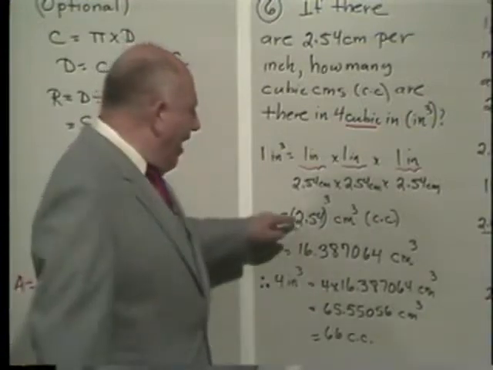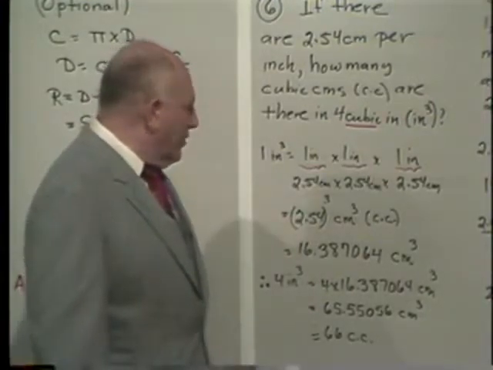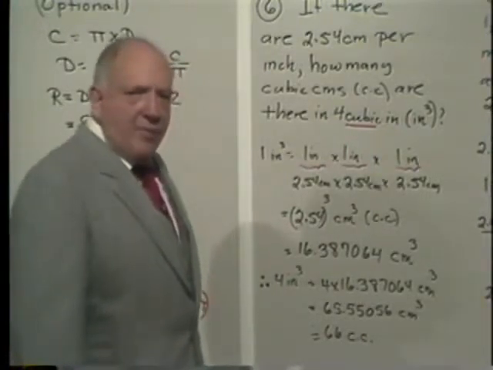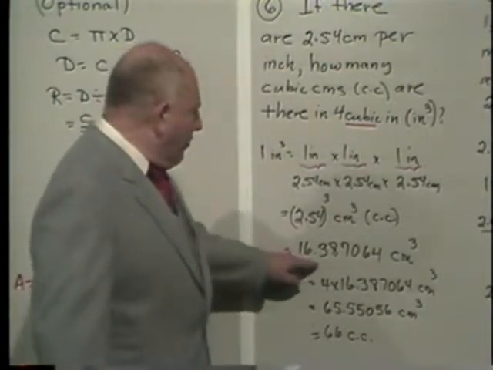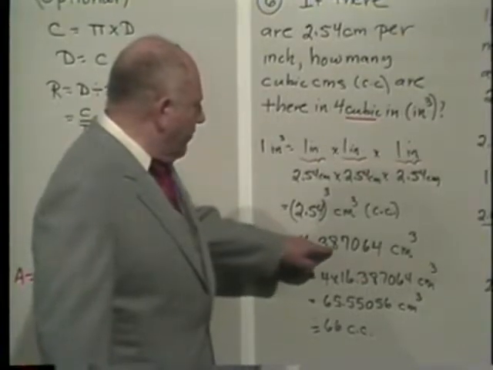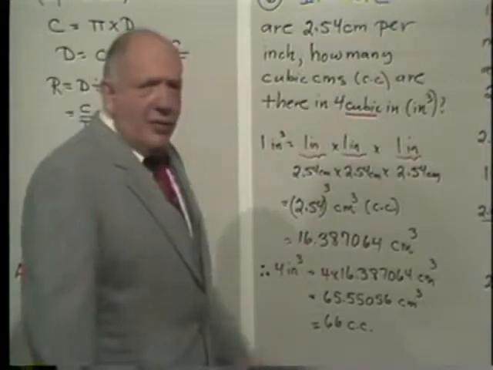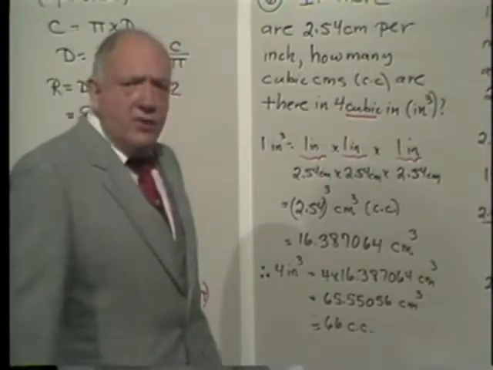Okay? Regardless of how you do it, 2.54 to the 3rd power means 2.54 times 2.54 times 2.54, and the answer is this little messy 16.387064.